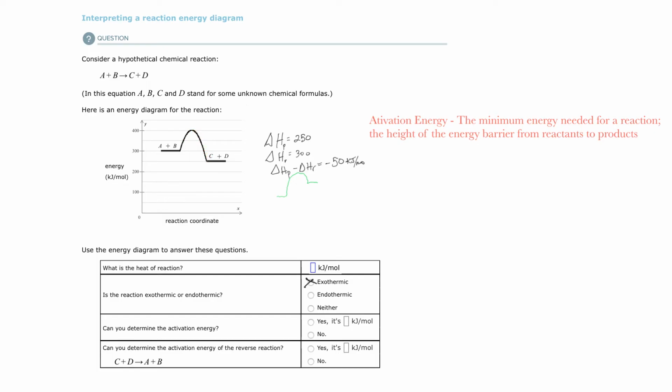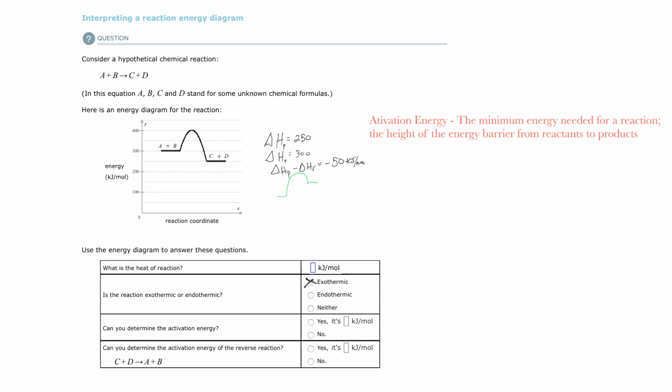That's the activation energy. The second thing here says the height of the energy barrier from reactants to products. Here's reactants, here's products, this is the barrier. So from this level here to here, that's the barrier. I simply go from this side to the top. How far is that? It goes from 300 to 400.